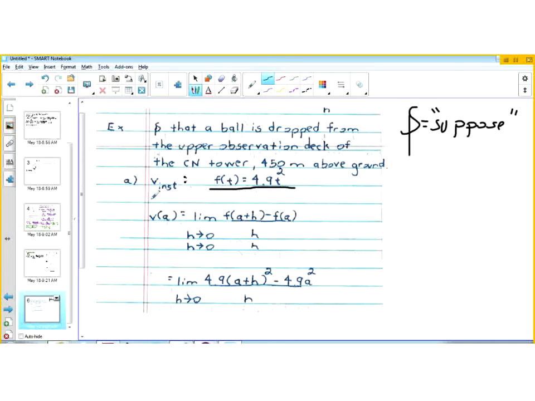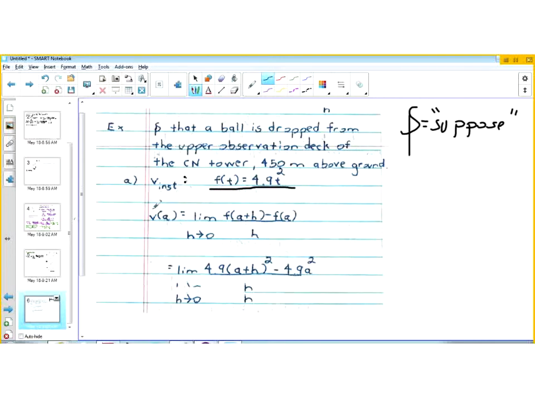So the formula, this is the position function with respect to t, and the platform from which you're dropping the ball is this. And so the velocity at any time t, which I denote as variable a, is the limit of the difference quotient of the position function. So velocity is the limit of the difference quotient of the position function.